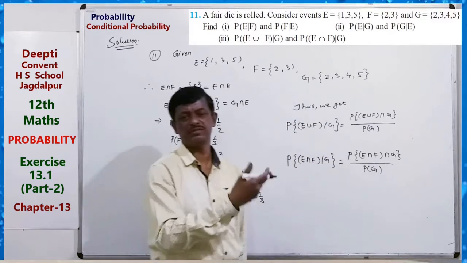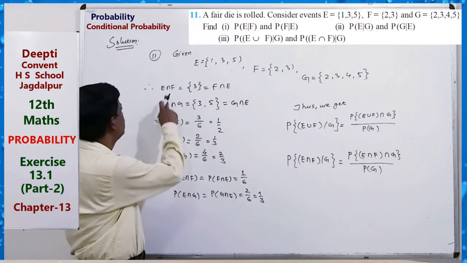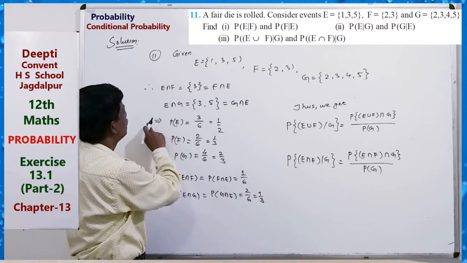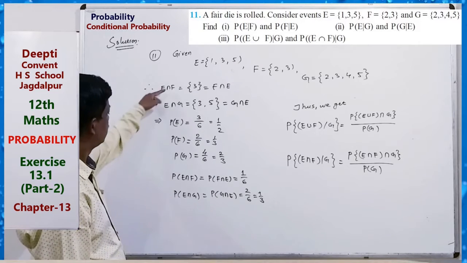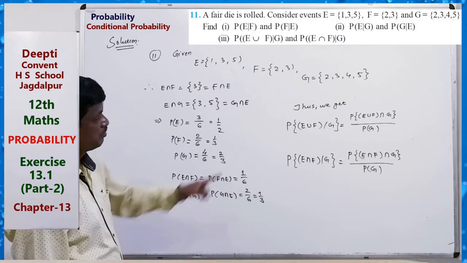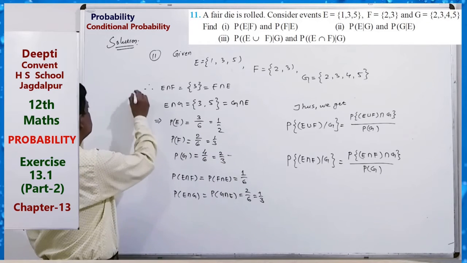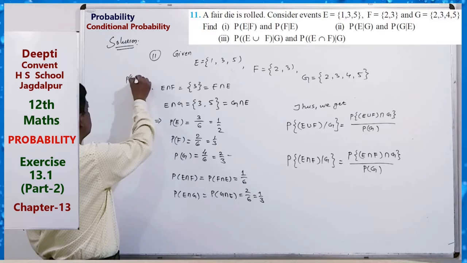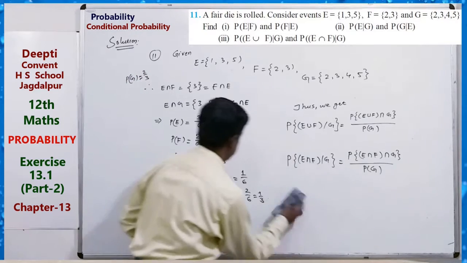Just we have to find this value. P(G), you remember, equals 2 by 3, and the remaining we have to find.